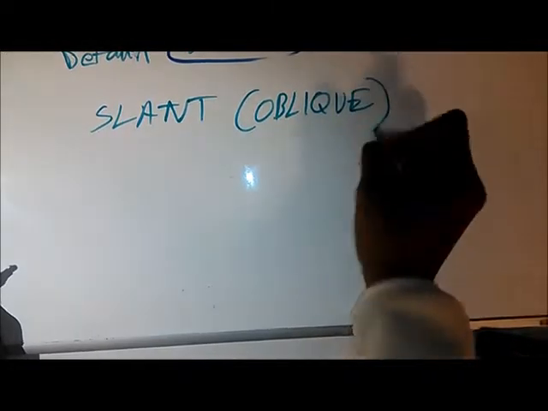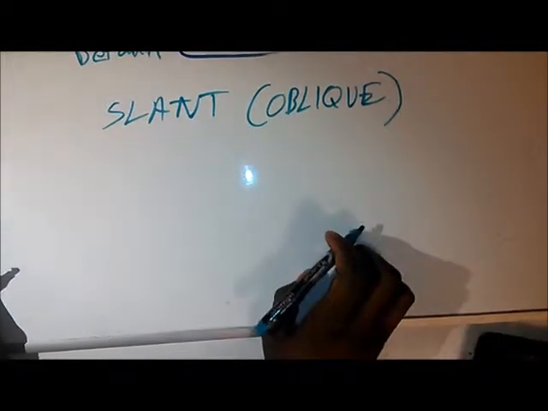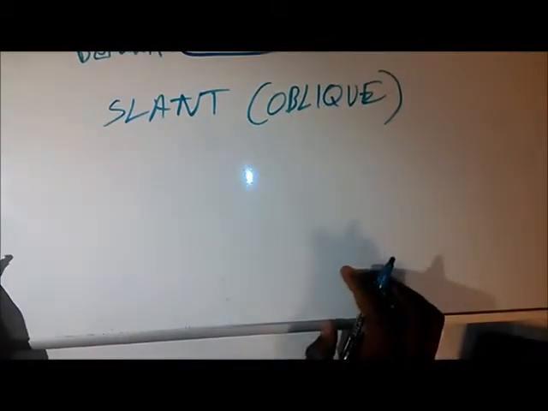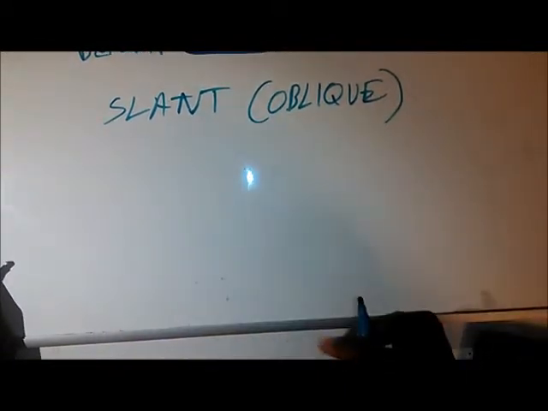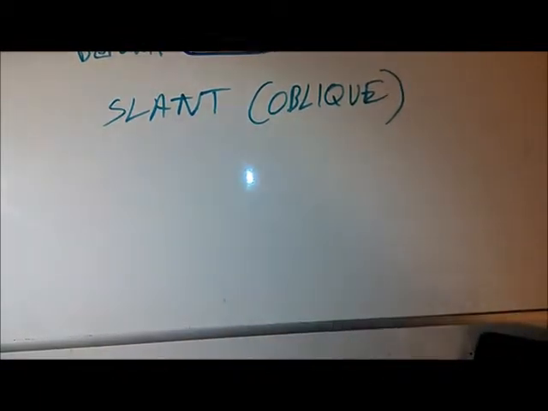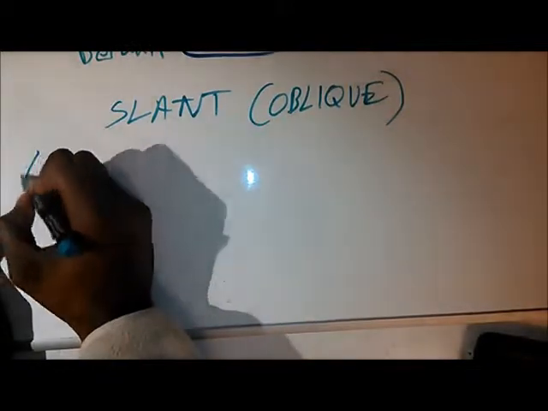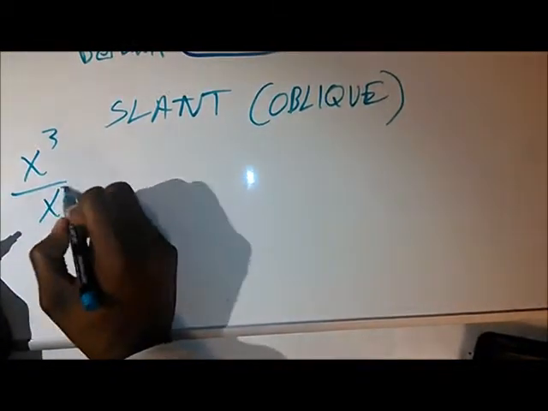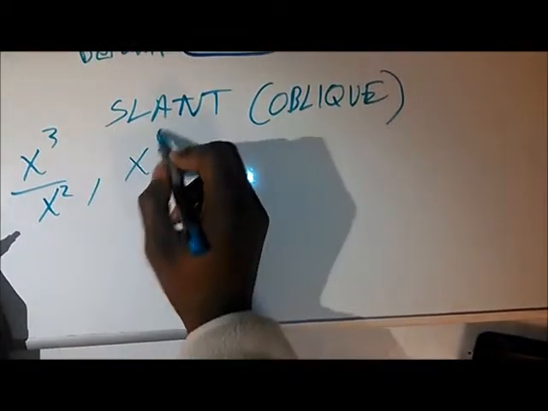Some textbooks, not all of them. Okay? So if there's no horizontal asymptote, then there could be a slant asymptote. I'm not saying that there is a slant asymptote. I'm just saying that there could be a slant asymptote. So you have this, right? There could be a slant asymptote for all of these babies.